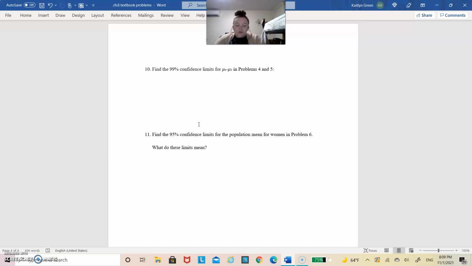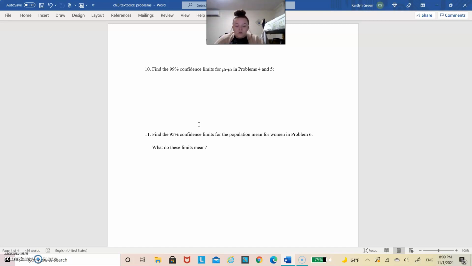So we know that it's going to be equal to 1.02 plus or minus 1.03. So we ended up getting an answer of negative 0.01 is less than or equal to mu1 minus mu2, which is less than or equal to 2.05.